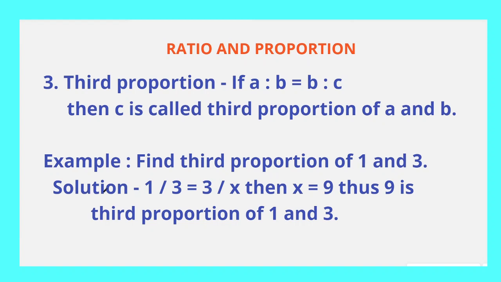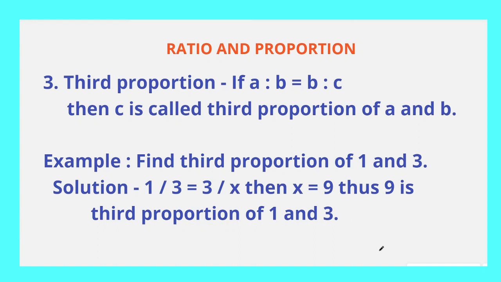So the solution for it is 1 upon 3, or 1/3, equal to 3/x. Then by cross multiplication we get the value of x, which is x equal to 9. Thus 9 is the third proportion of 1 and 3. I hope you have understood this third proportion.